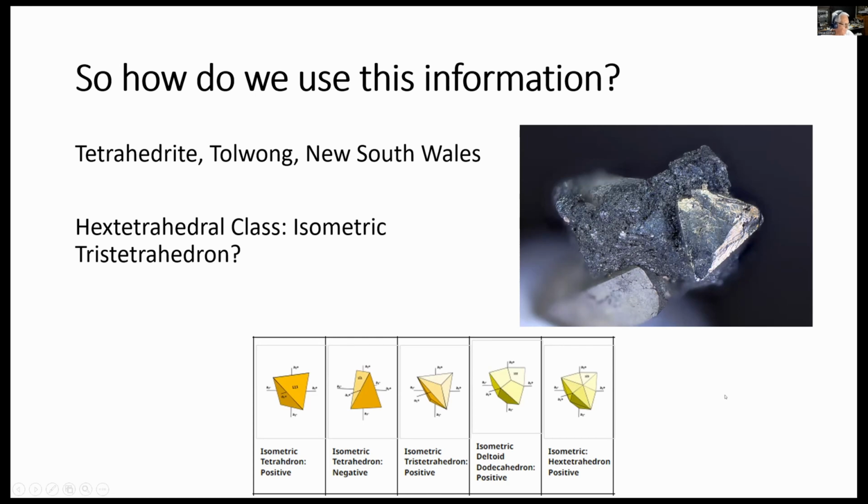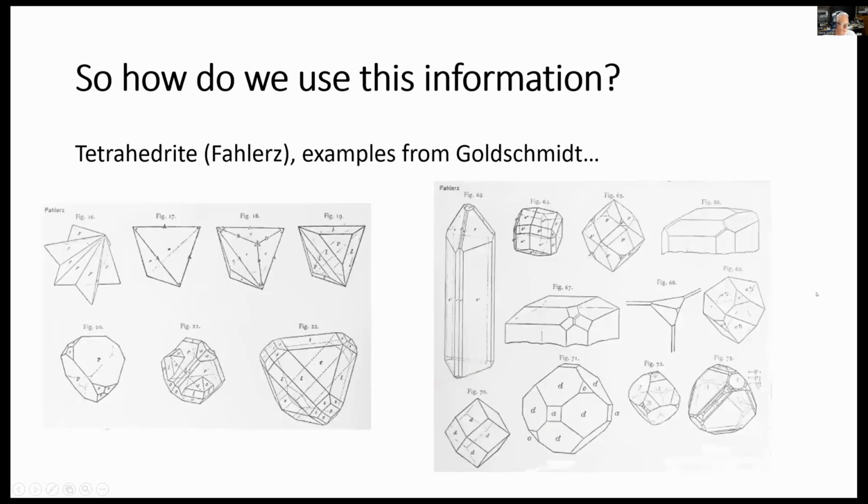And again, it is definitely tetrahedral. Yes, definitely tetrahedral. So then we look at some of the ones from Goldsmith, and we've got tetrahedral crystals here. These are tetrahedral. What the hell's that? What's this one?